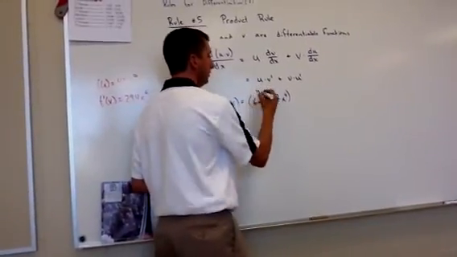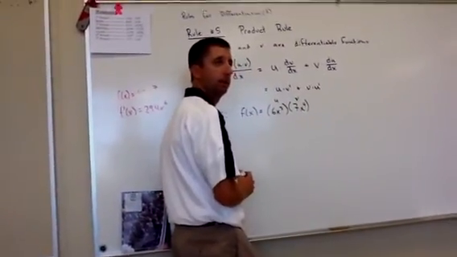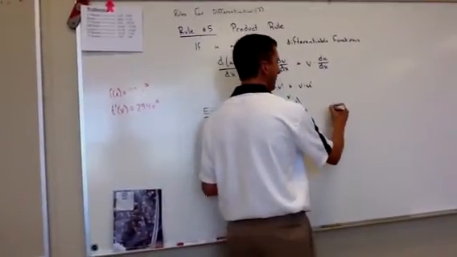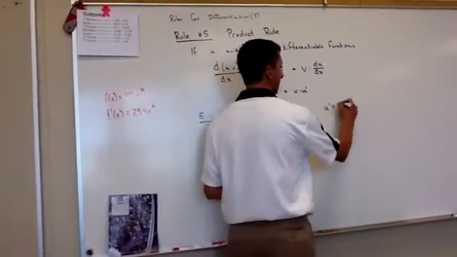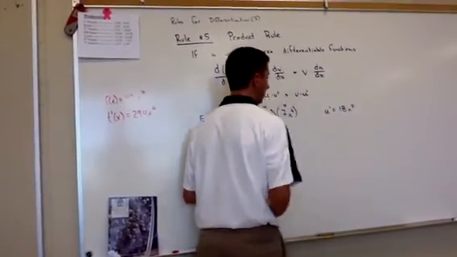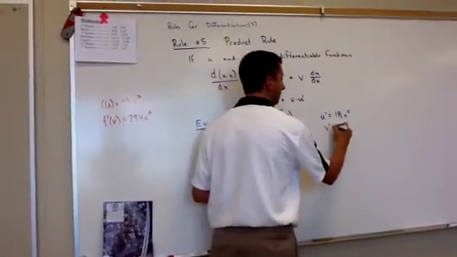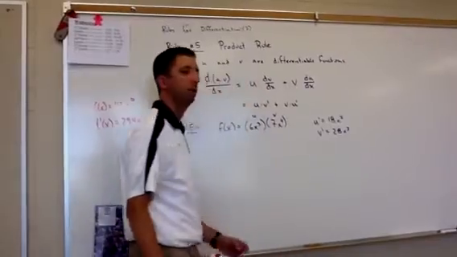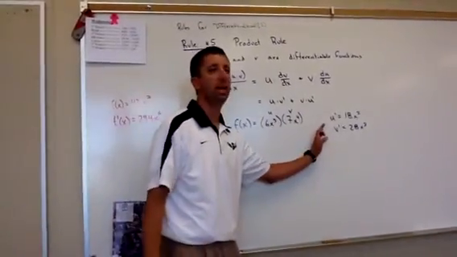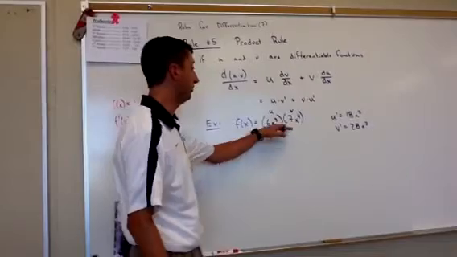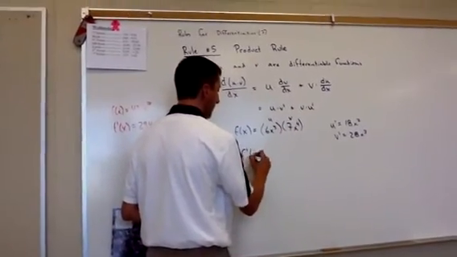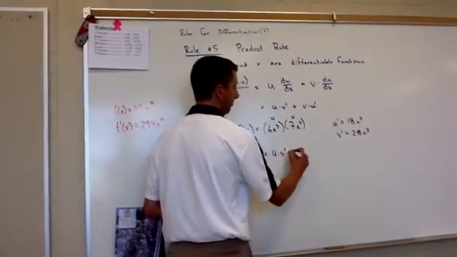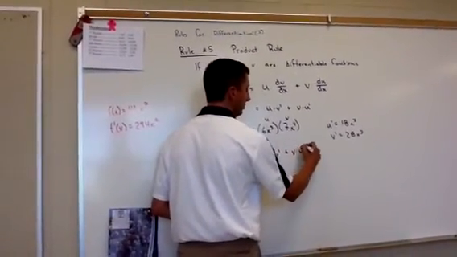Here's my u, here's my v. Sometimes it helps, when you're doing this, to come off to the side and write u prime equals 18x squared, and v prime equals 28x cubed. Now the derivative, f prime of x, is equal to u times v prime plus v times u prime.